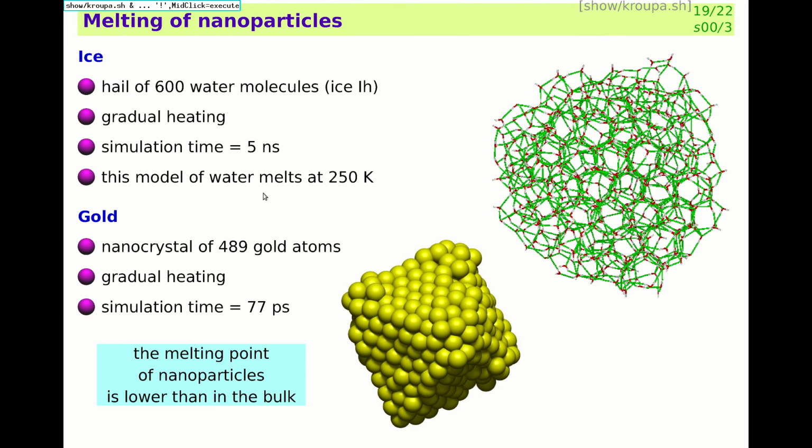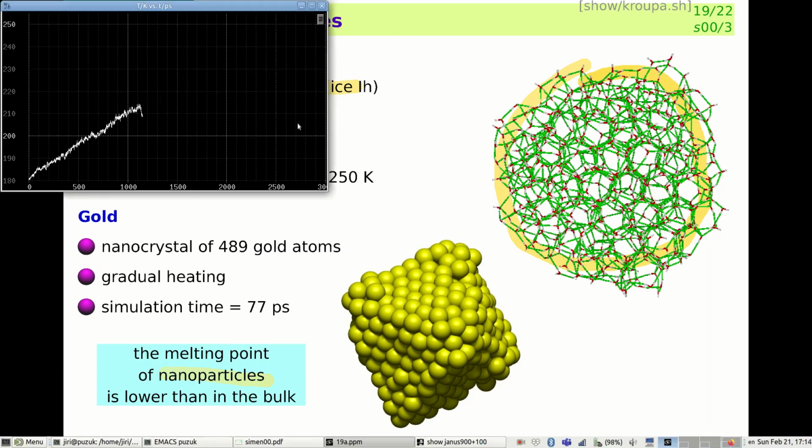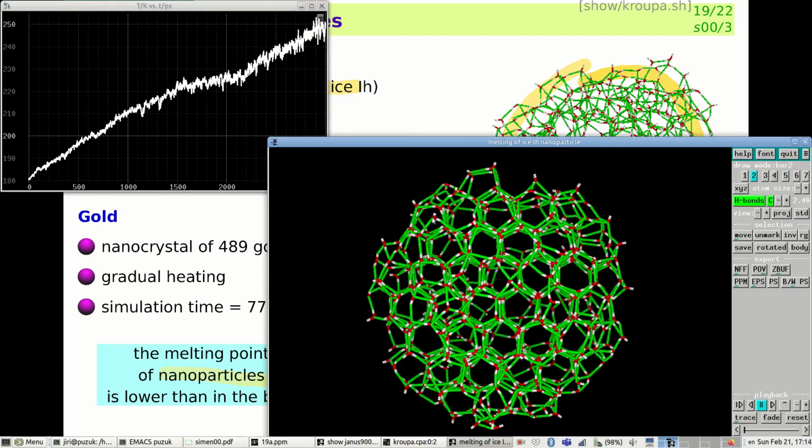Another example of a simulation, you should be interested in it because it deals with nanoparticles, and you know that the melting point of nanoparticles is lower than the bulk substance. So example 1, let's take a cluster of 600 water molecules with a crystal structure, and let's heat it gradually.